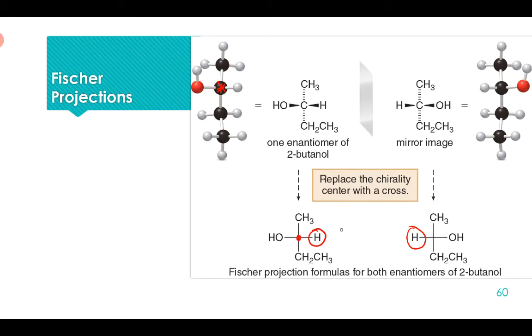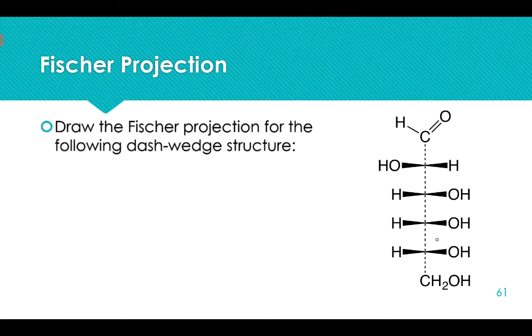So our chiral center is in the center in both of these. And so that chiral carbon is represented by the cross. So let's try to draw a Fischer projection from this wedge dash model. If we take our aldehyde functional group here, it doesn't matter which side I draw the H on.